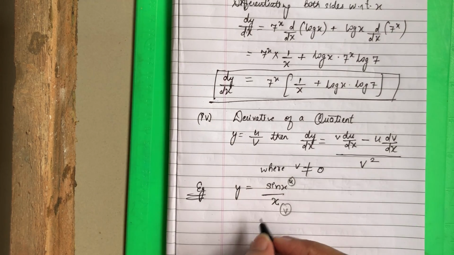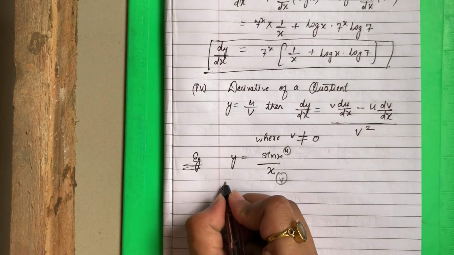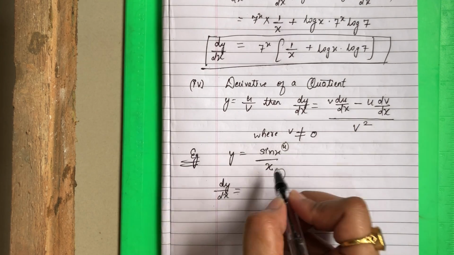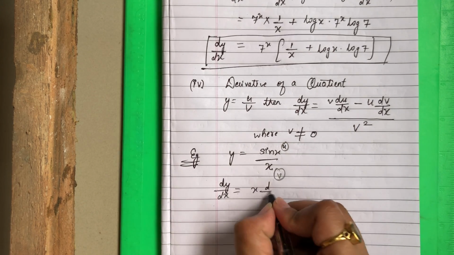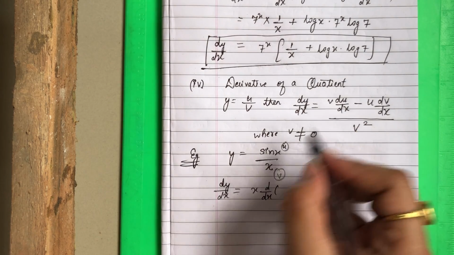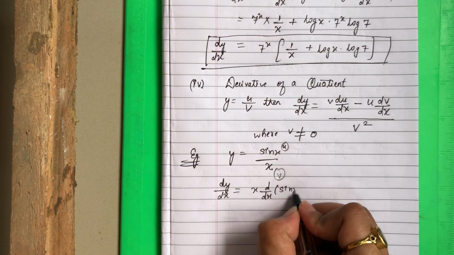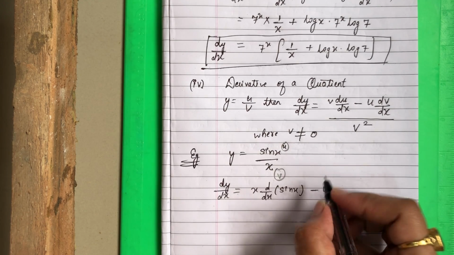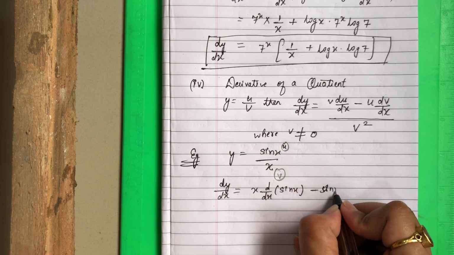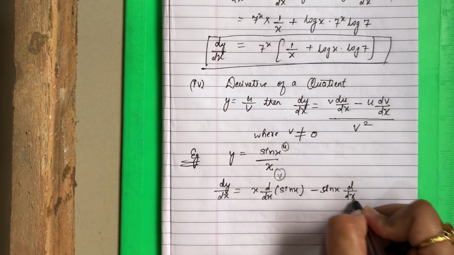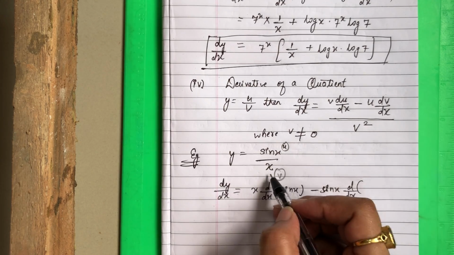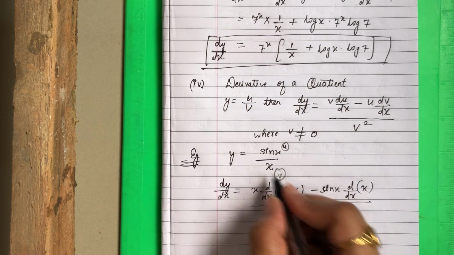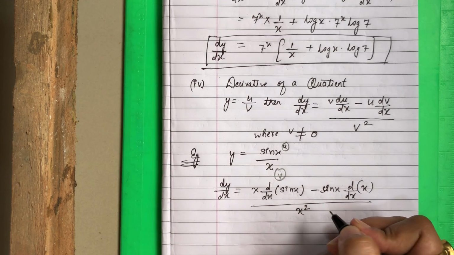Now using this formula, dy by dx is equal to, in place of v substitute x, d by dx of, in place of u substitute the value of u, that is sin x, minus, in place of u substitute sin x, d by dx of v, in place of v substitute x, and v square, that is the denominator squared, x square.